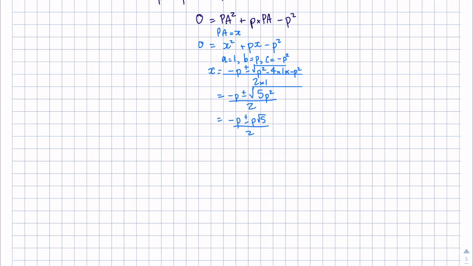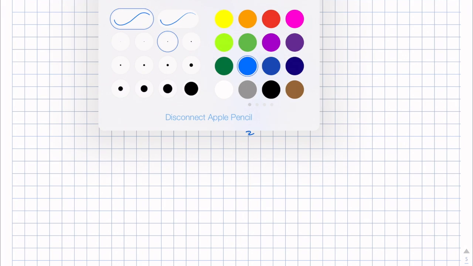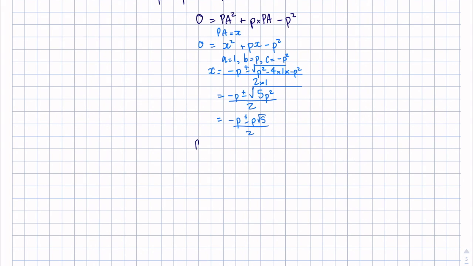Which means x, or PA, I'm going to sub PA in now. PA equals minus p plus p root 5 over 2. And PA equals minus p take p root 5 over 2.